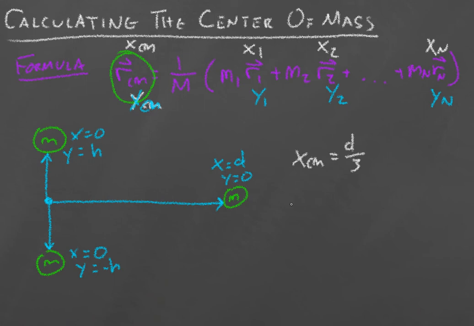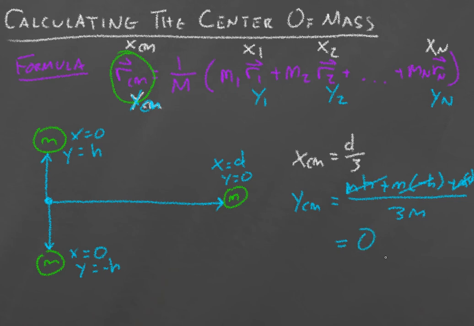Now to look at the y center of mass, we see that's m times h plus m times minus h plus m times 0, all divided by 3m. Well, that term goes away. These terms cancel.